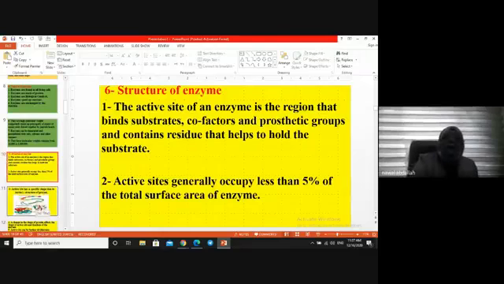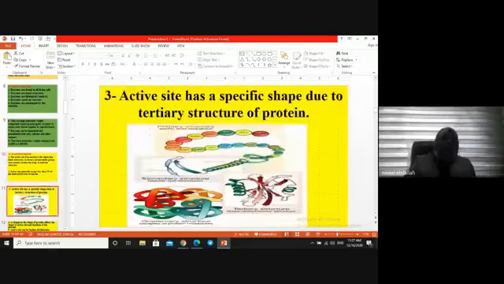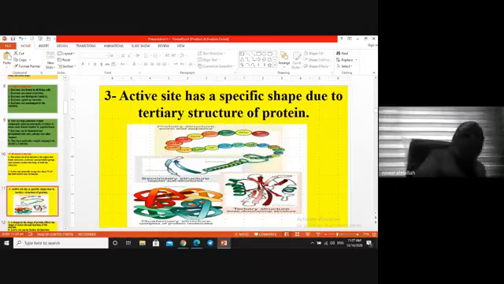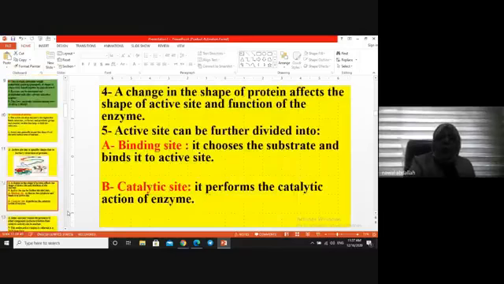As we said, protein has four levels of structure: primary, secondary, tertiary, and quaternary. The enzyme's structure is a tertiary structure. A change in the shape of a protein affects the shape of the active site and the function of the enzyme.